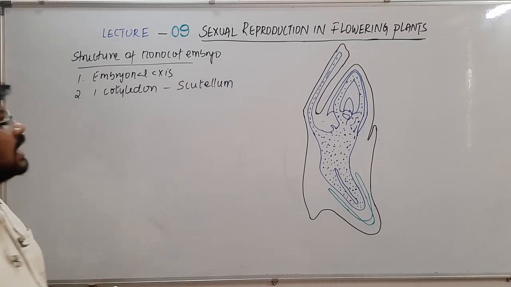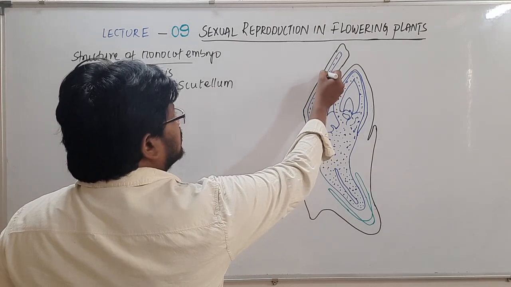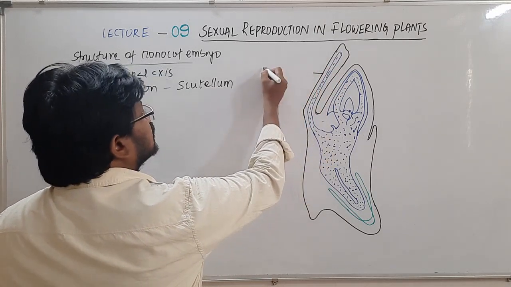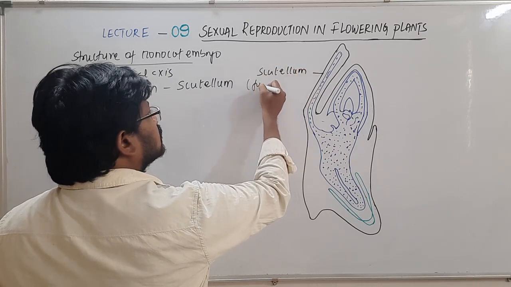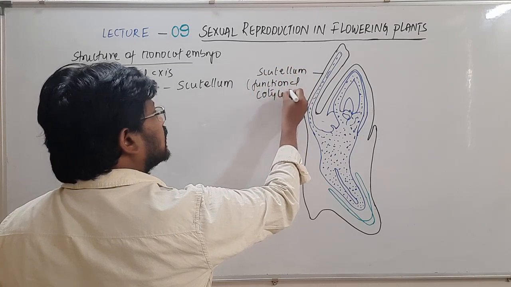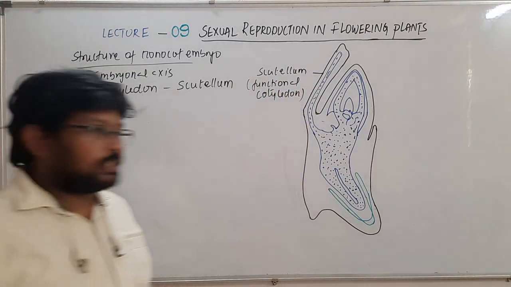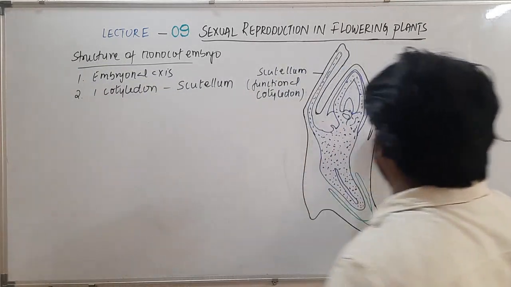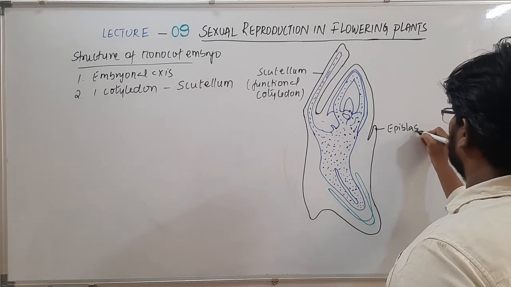So this is the diagram of the monocot embryo, and this is the functional cotyledon. It's called the scutellum. So this is the functional cotyledon. The other cotyledon becomes rudimentary, what I call non-functional, and that remains as a small structure which we call the epiblast, right?